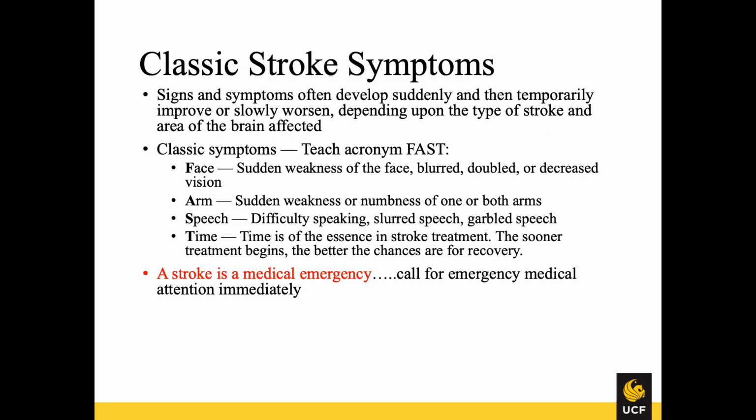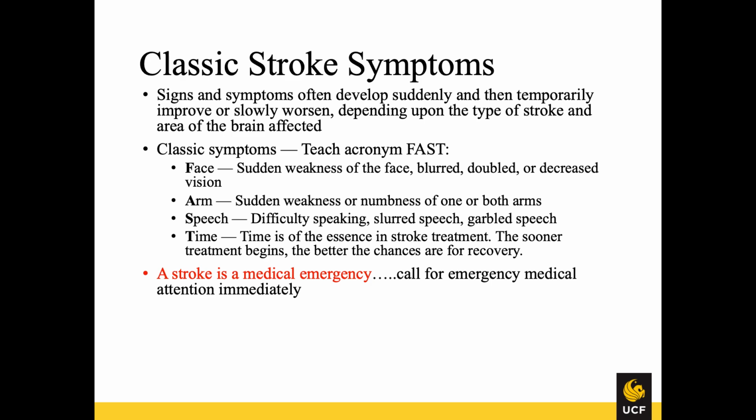Your classic stroke symptoms often develop suddenly and temporarily improve, or they slowly worsen, depending on the type of stroke and the area of the brain that is affected. Teach your patients the FAST acronym. This is very important.